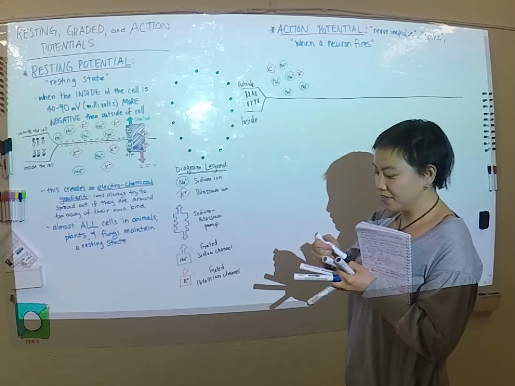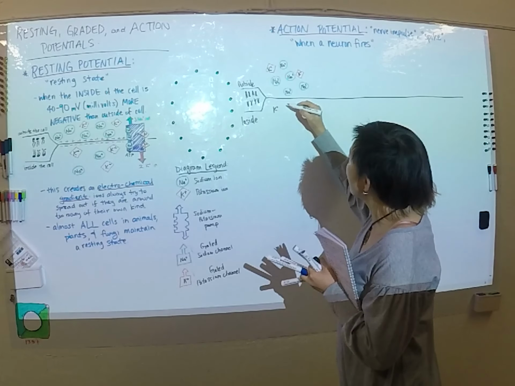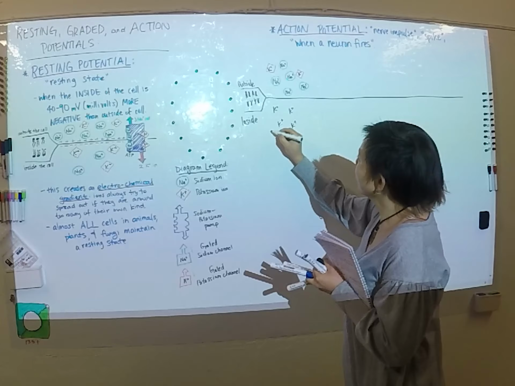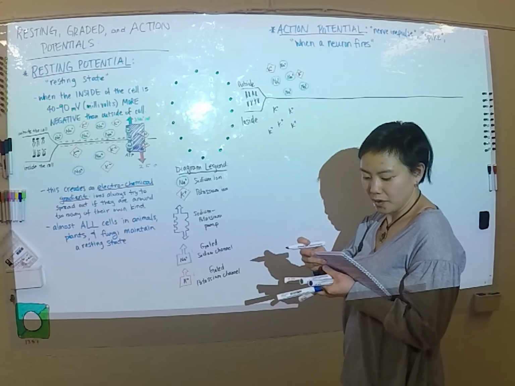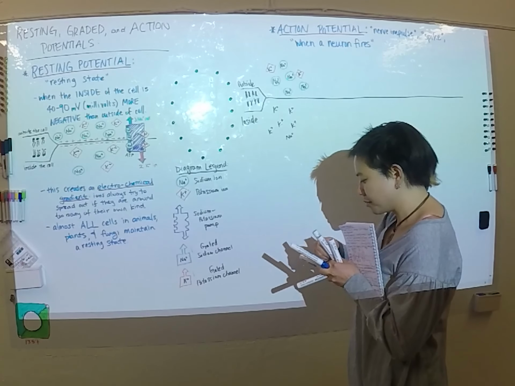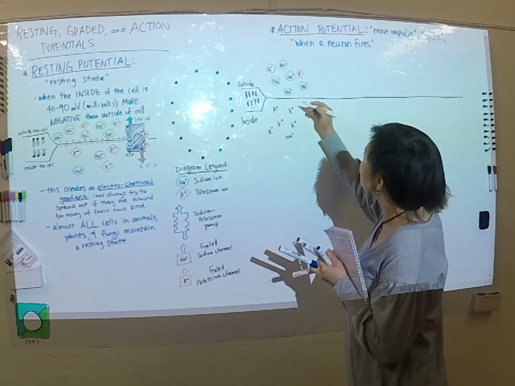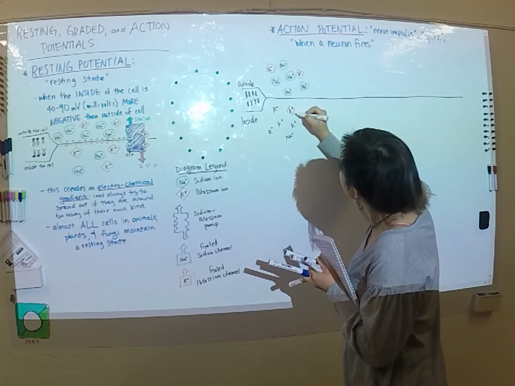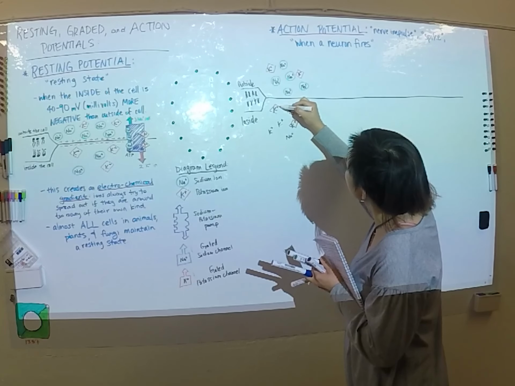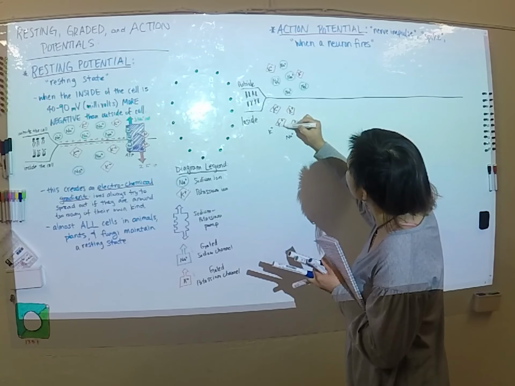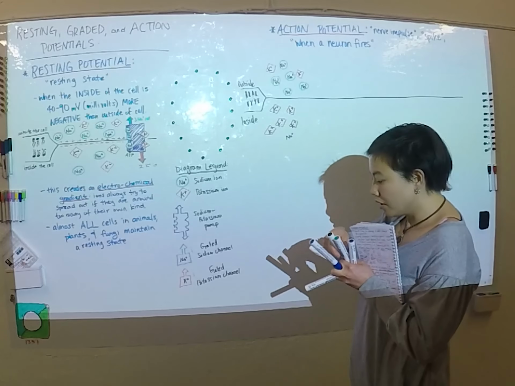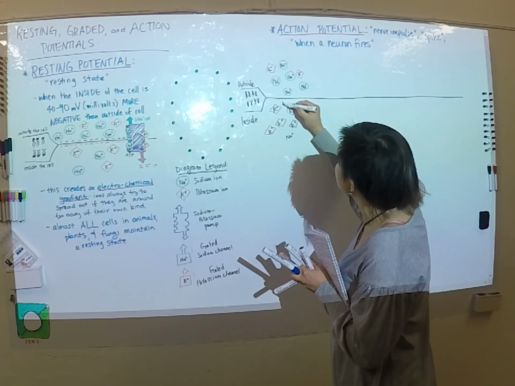And then on the inside of the cell, we have lots and lots of potassium, all right? Then we do have a couple of sodium ions in here.